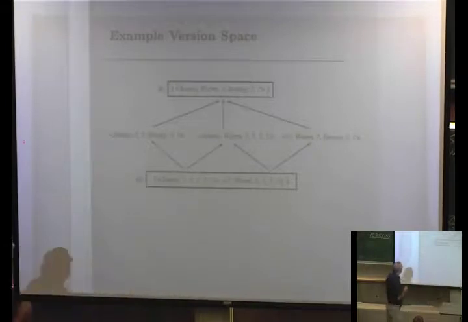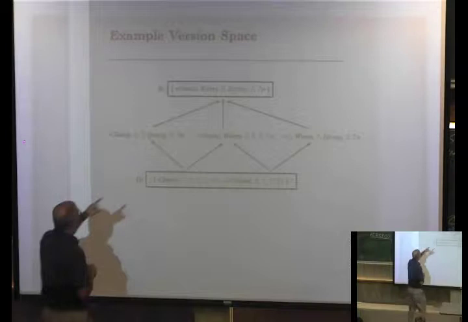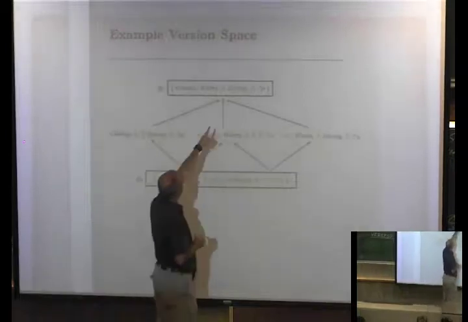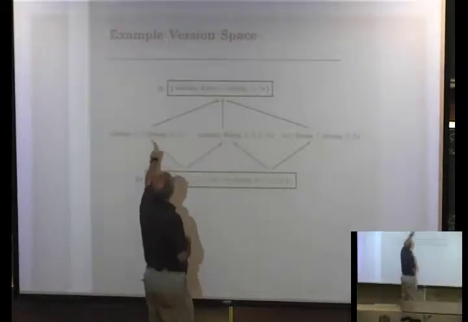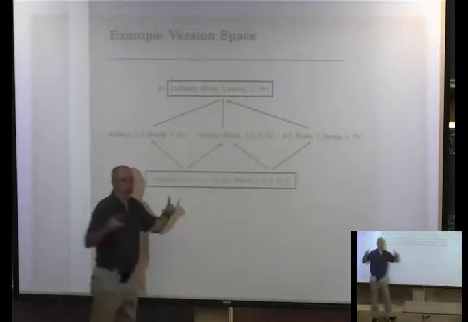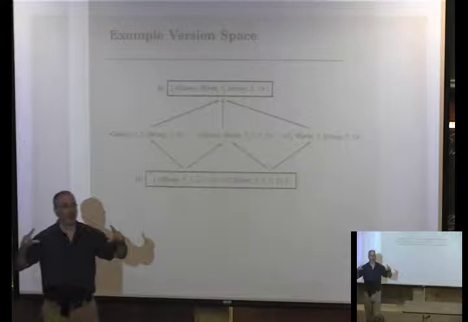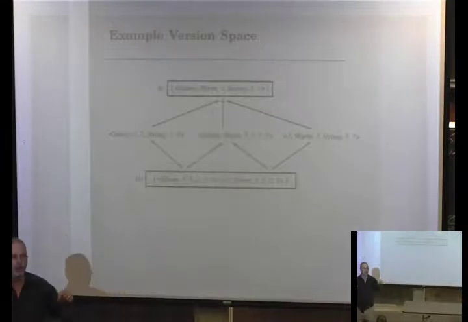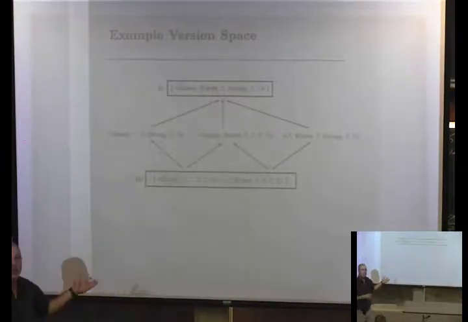There are 6 members in this space. 1, 2, 3, 4, 5, and 6. Every angled bracket creature is a member of the version space. You can convince yourself that these 6 functions are consistent with the training data.